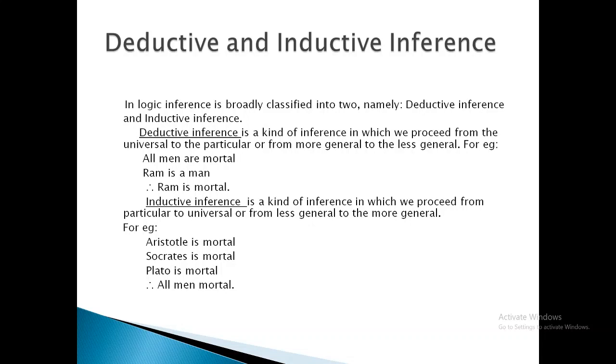Deductive logic, inductive logic. In HS first year, you have already read deductive logic. This year, you are to read inductive logic, induction, inductive inferences, etc.